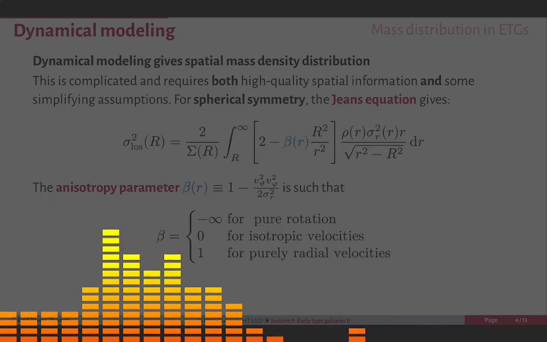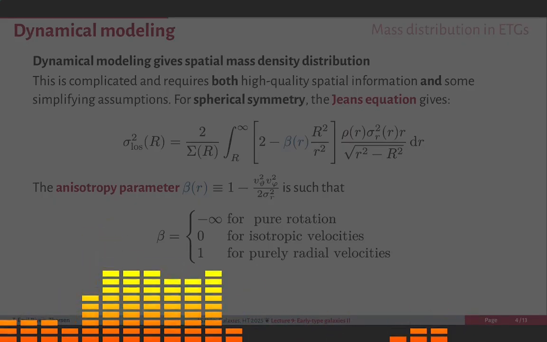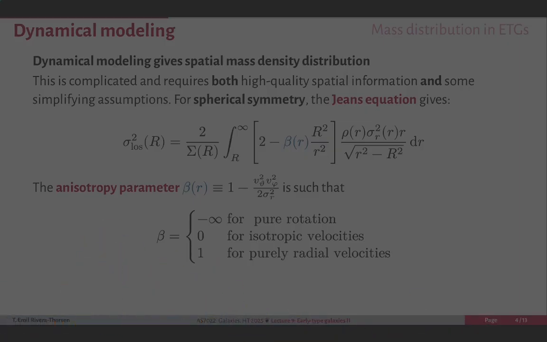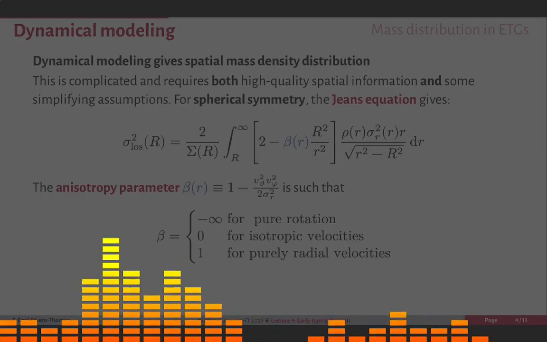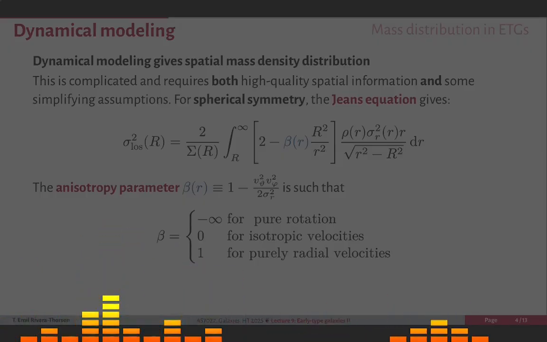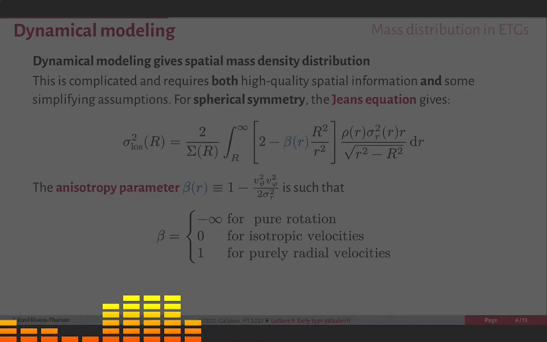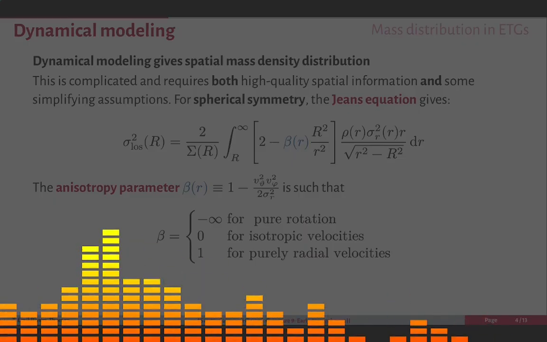I forgot to say that once we have this equation, and once we have the anisotropy parameter nailed down, what we then need to do is to deproject the projected surface density profile that we get in order to find the actual spatial mass profile.